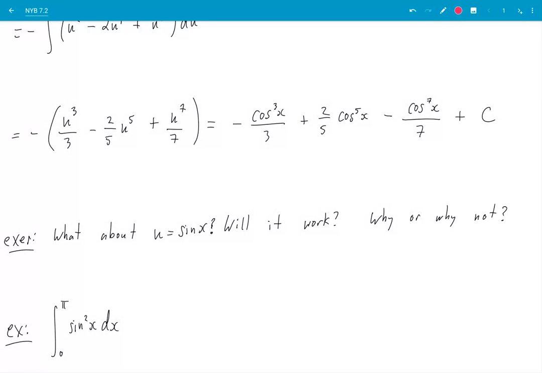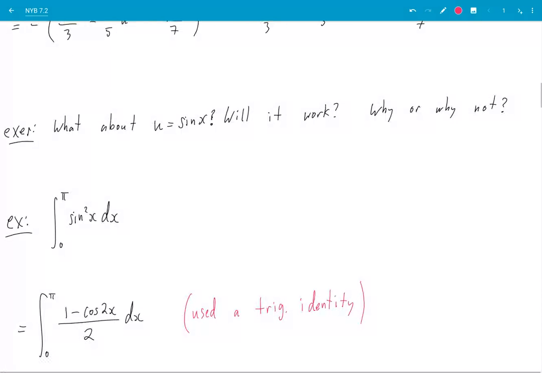Okay, next example. Here we have sine squared. Now, sine squared, cos squared, we're going to deal with these via trigonometric identities. So I have a memorized trig identity, which I just plug in here.